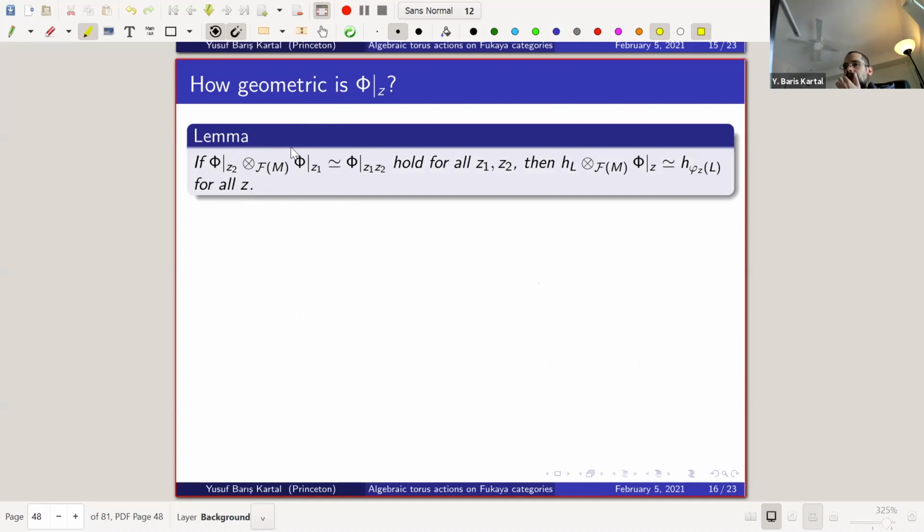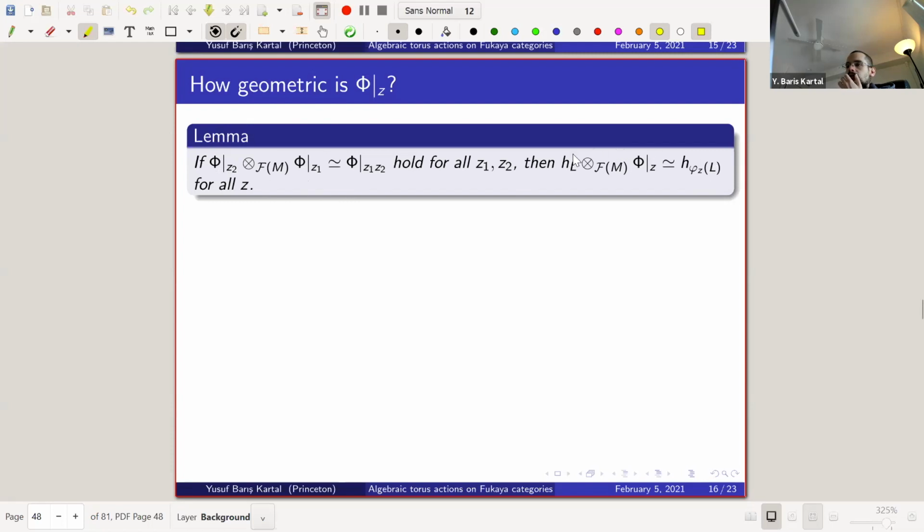And the lemma is basically telling you that if the composition of the bimodules, capital phi restricted to Z1 and capital phi restricted to Z2, is the same as capital phi restricted to Z1, Z2 for all Z1 and Z2, then you have the property that you want.